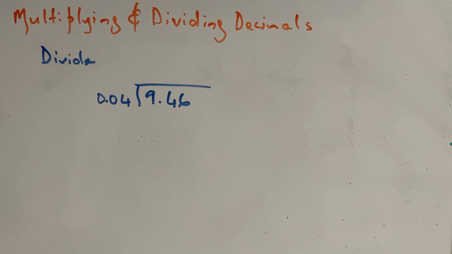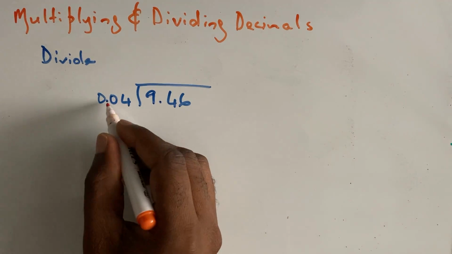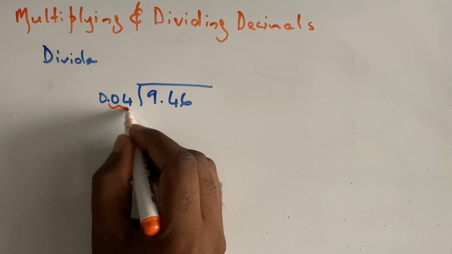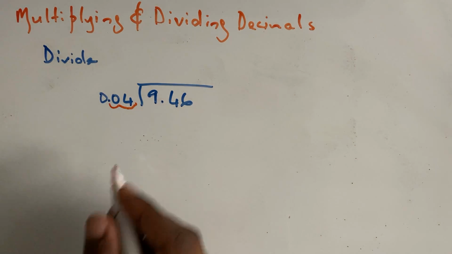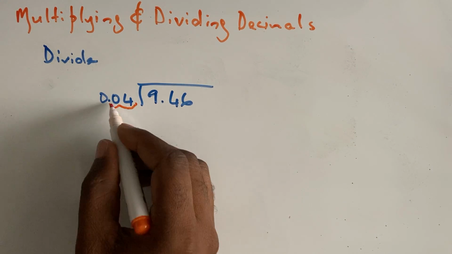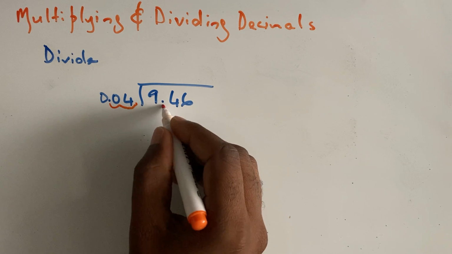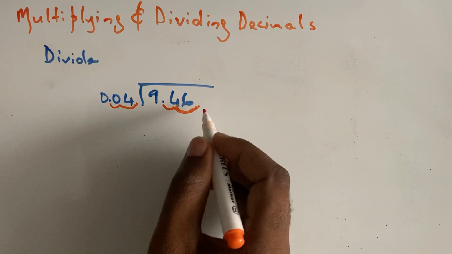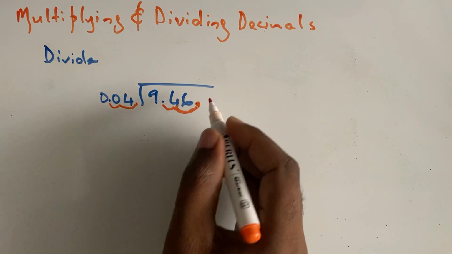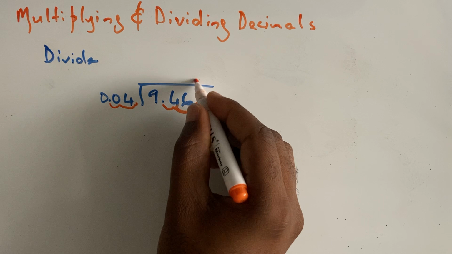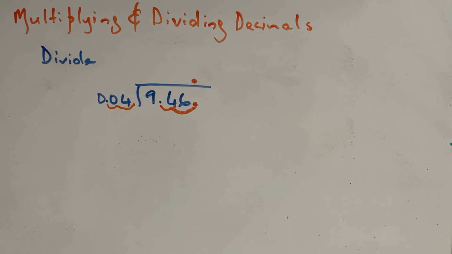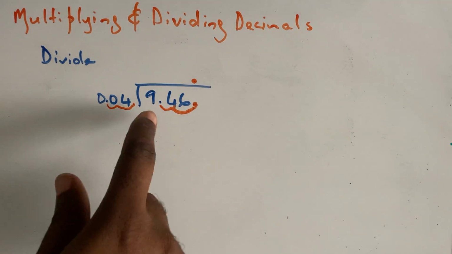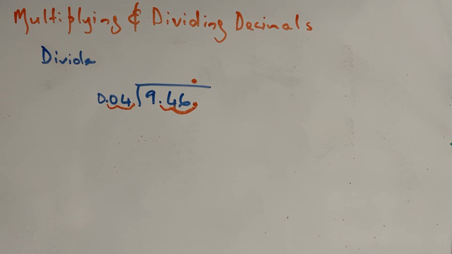To divide, you move the decimal point in the divisor to the right of the last digit, right of the 4. You moved it 2 places, so I'm going to move this 2 places as well. Therefore, the new decimal point is right there, up there. Now we have a new number 4 and 946.